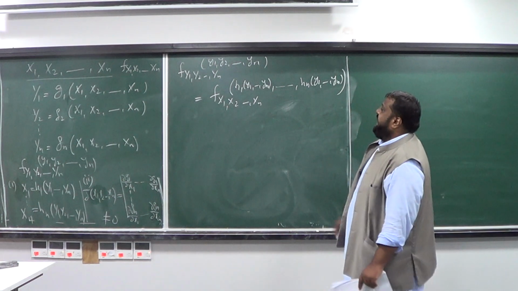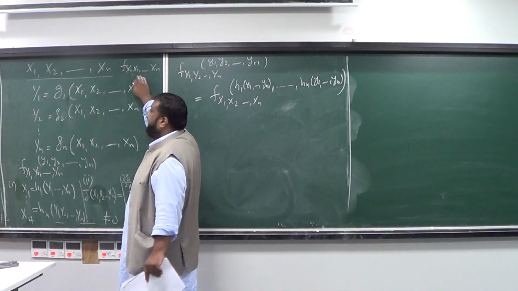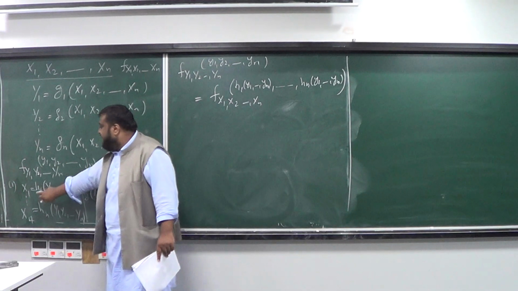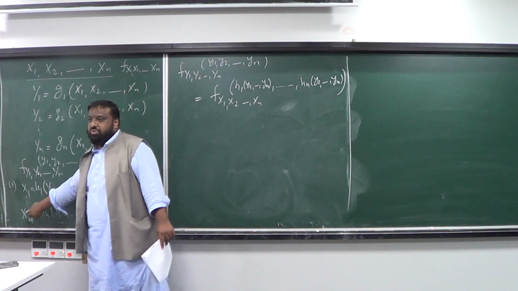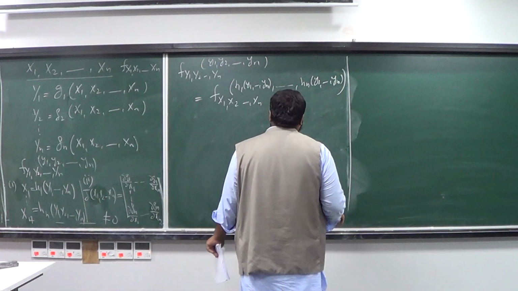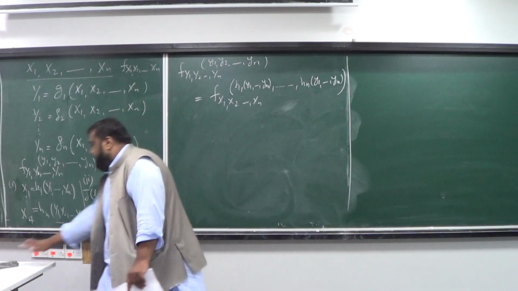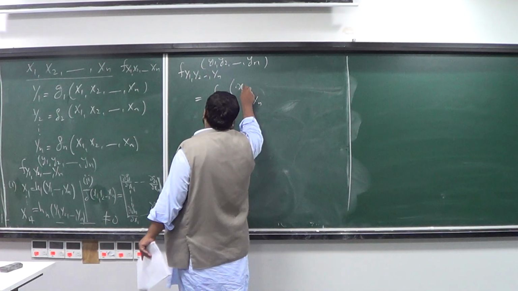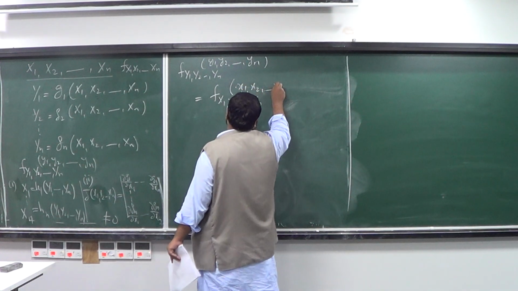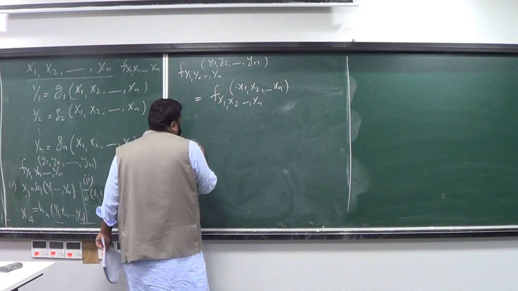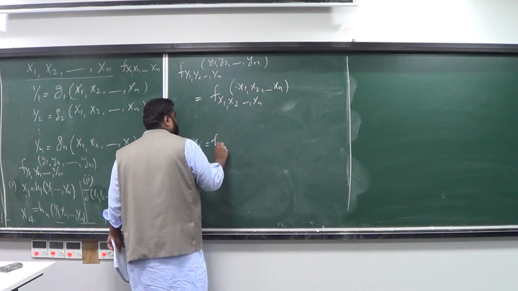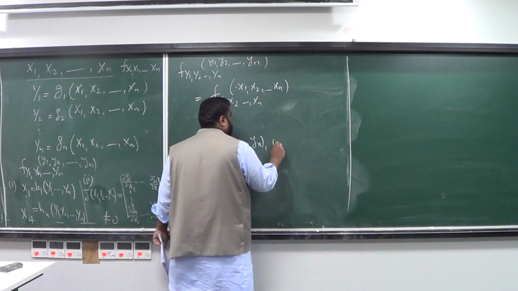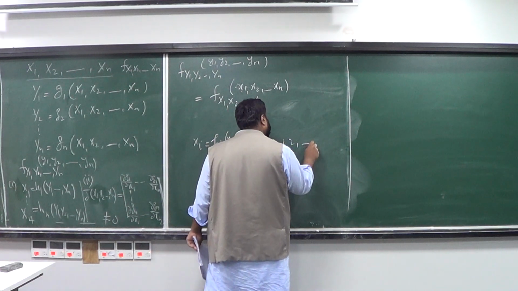So in other words, take your PDF and evaluate it at h1, h2, hn. In other words, evaluate it at small x1, small x2, small xn. If I wish, you can even write it for the sake of simplicity as x1, x2 up to xn, where xi is hi of y1, y2, yn for i equal to 1, 2 up to n.